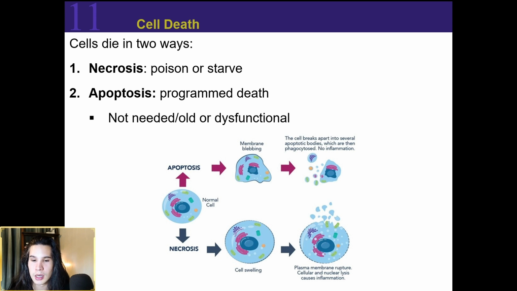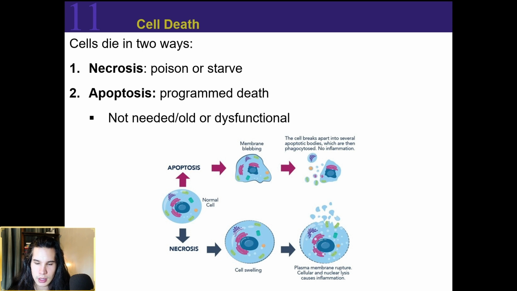Some tissue needs to die off in order to create certain morphologies. And so this is programmed cell death. What happens is you get what we call membrane blebbing. This is where the cytoskeleton will dissociate from the cell membrane, creating lumps and crevices within the cell. And eventually the cell will break apart into apoptotic bodies.